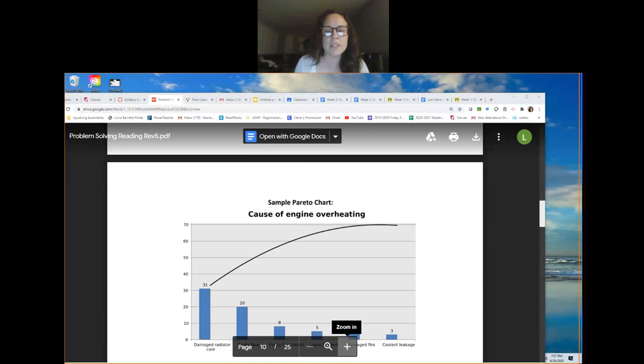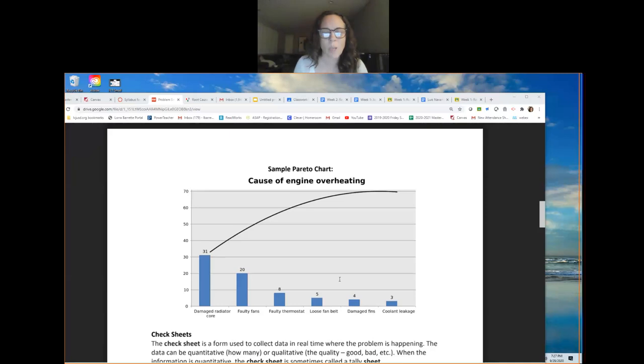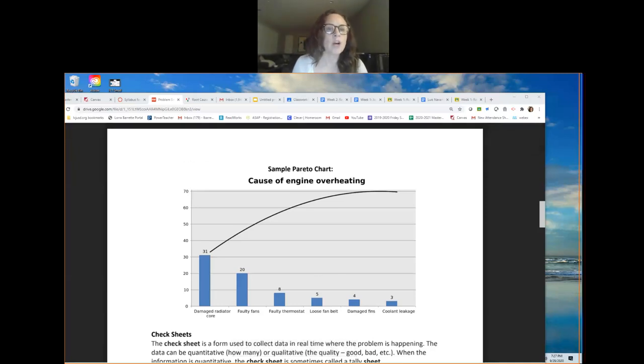Okay, and here are some possible causes for the engine overheating. But this is actually a damaged radiator core. So in other words, an engine in a car has a radiator. It's a machine that pumps water through the engine to keep it cool. But if the radiator is not pumping, the water around the engine is going to get too hot.